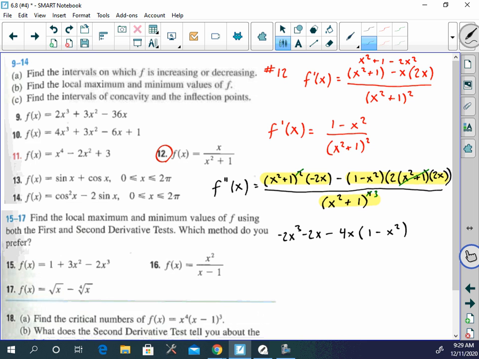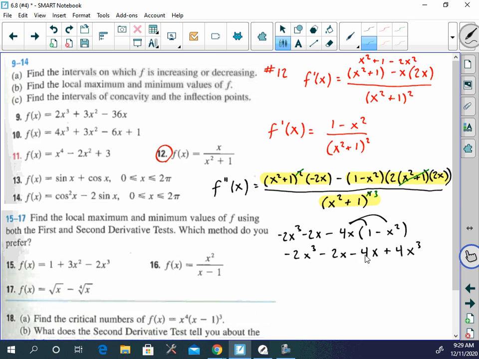I'm trying to be careful so I don't end up messing something up here. So this is just my numerator right now. And I'm just doing some scratch work here. Is that looking okay? Let me know if I do something wrong.